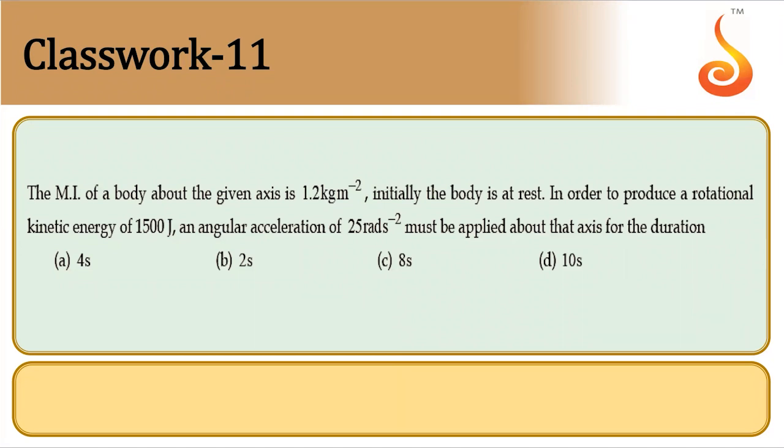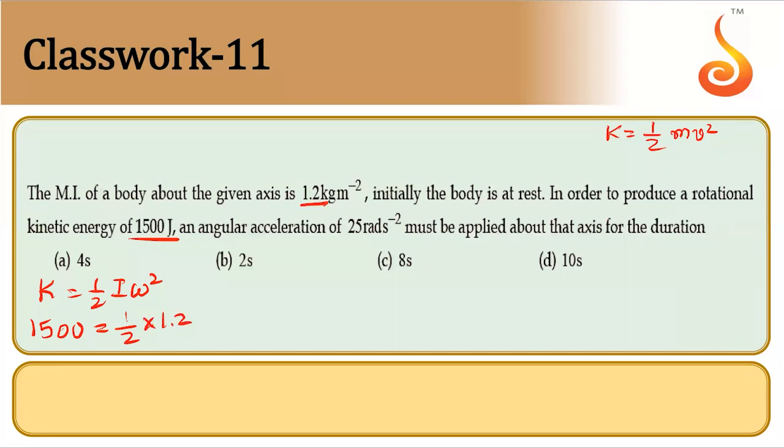Very simple one. You know that kinetic energy in linear motion is half mv square. So in rotational motion, kinetic energy is half I omega square. Calculate what should be omega for this. Kinetic energy should be 1500, that is half, I is given 1.2, into omega square.